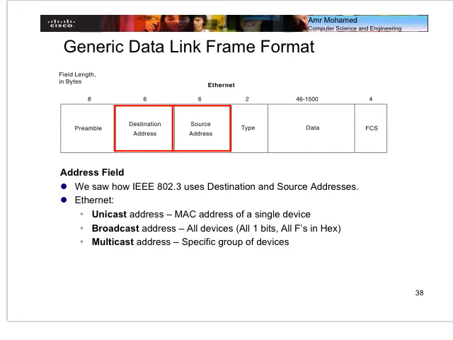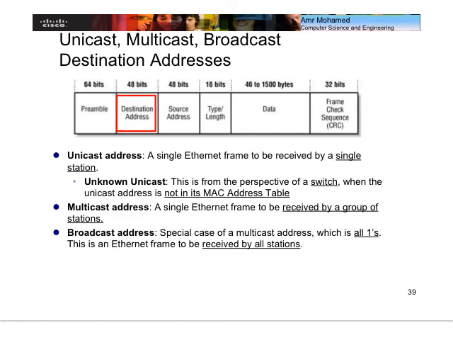And the multicast address is Fs and then another part that is not all Fs, which indicates that this is a multicast. And by changing this part, you can create multiple subgroups between the nodes. Okay, so we'll stop here.